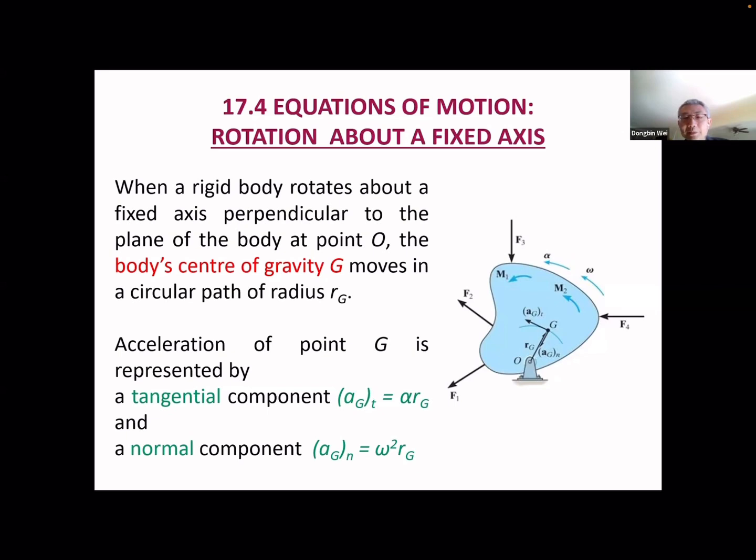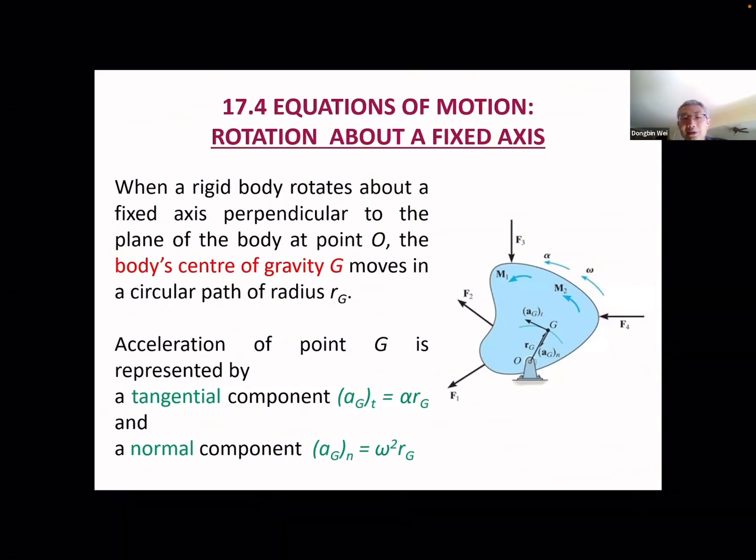So for example, AG has two components. One is the tangential component, and this is tangent to the circular moving path of point G. And another component is the normal component. And we also studied how to calculate the magnitude of the tangential component and normal component.